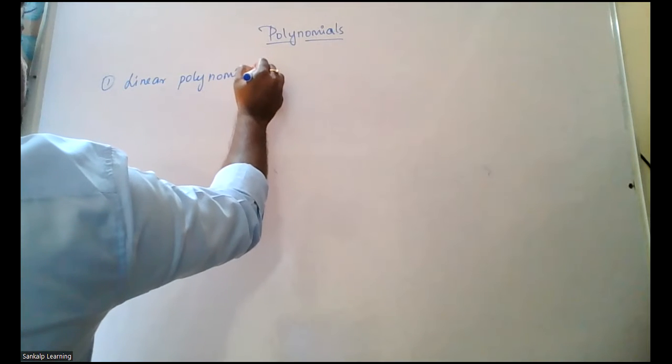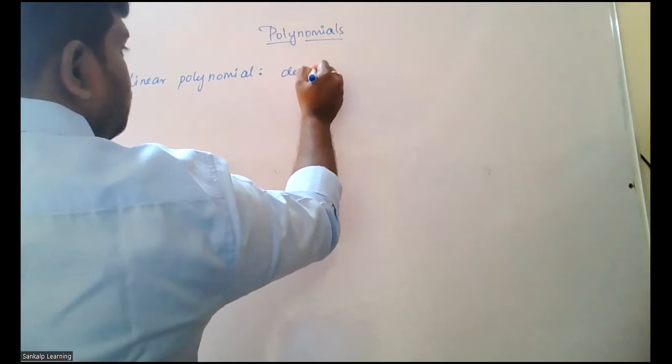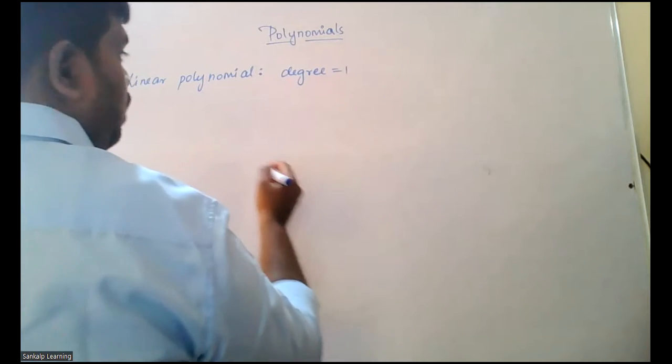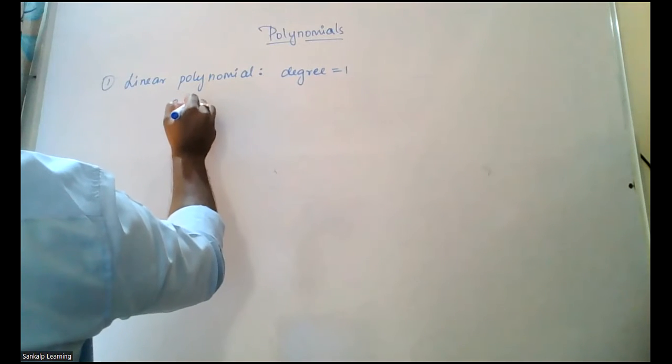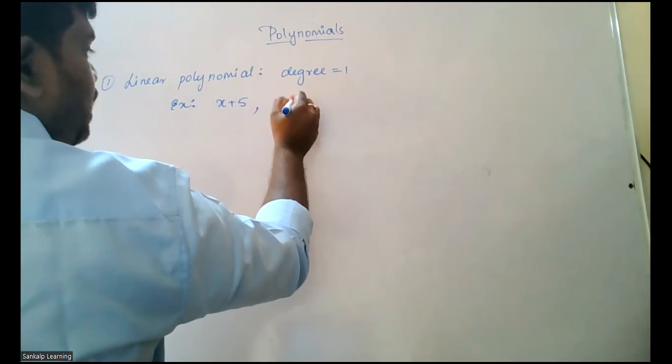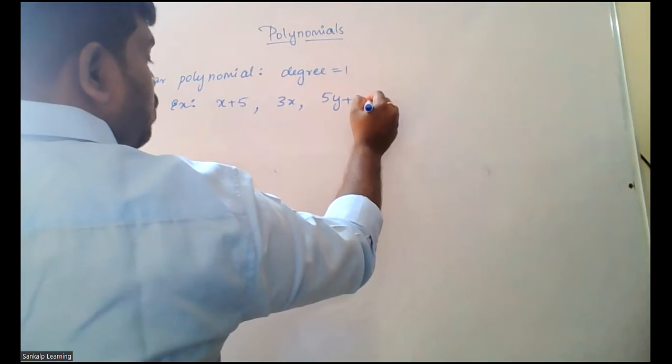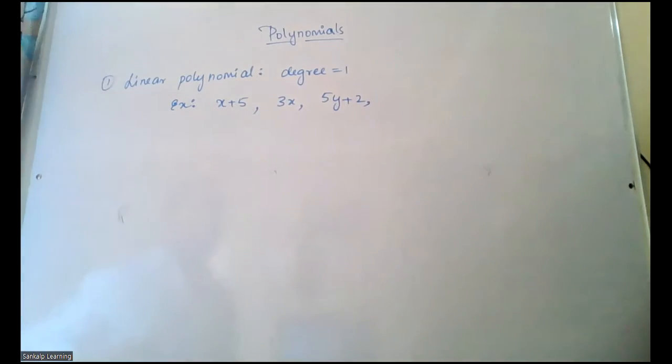What is a linear polynomial? If the degree is 1, we call it a linear polynomial. Example, x plus 5 or 3x, 5y plus 2. All these are linear polynomials.